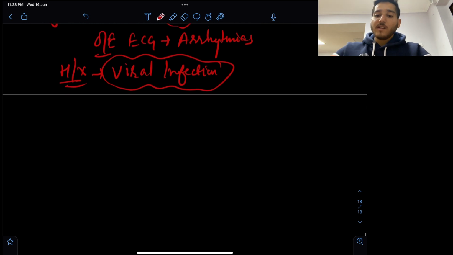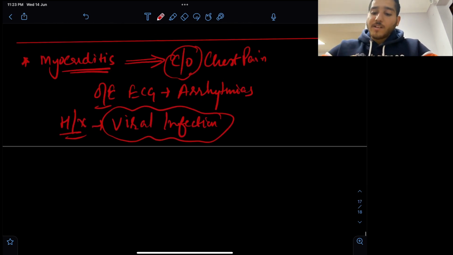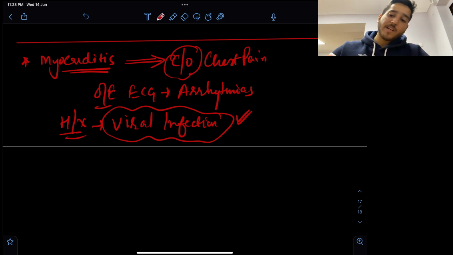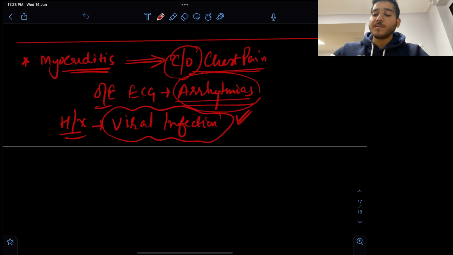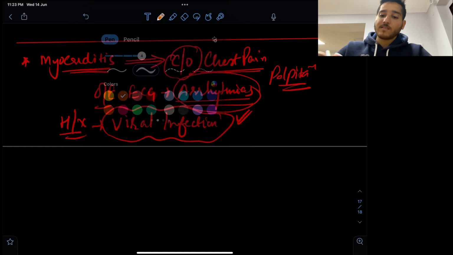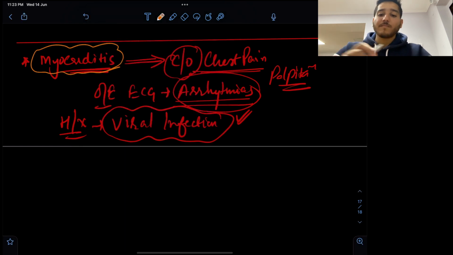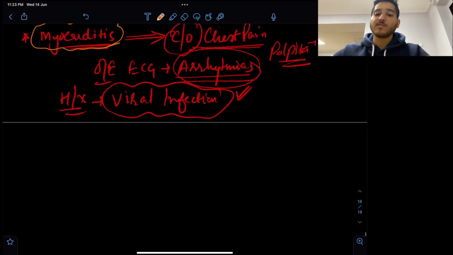So if in the question a patient had a viral infection a few days back, now he's complaining of chest pain, and on ECG you find some arrhythmia, the patient might complain of some palpitation also, you should mark myocarditis. So the correct answer will be myocarditis.